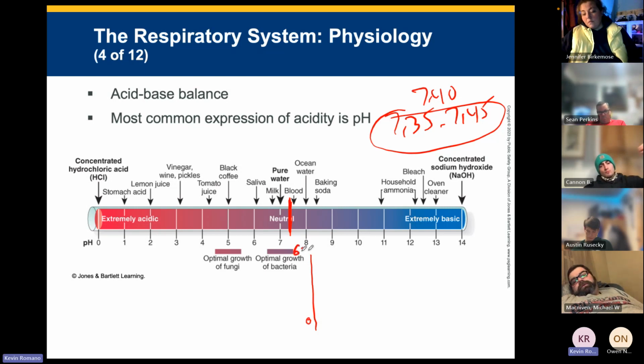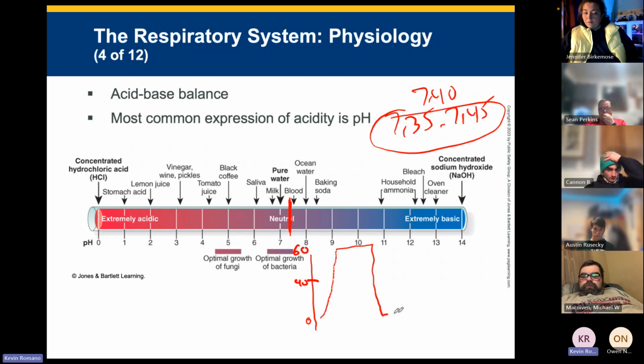This is 60 on top, and we have a waveform, and the patient's breathing, let's say, 6 times a minute. Remember, our normal is right around here. Let's say this is 40. That's our normal waveform. You're going to see the waveform come up to about 60 and back down again.